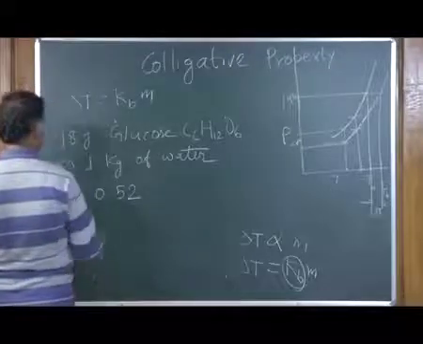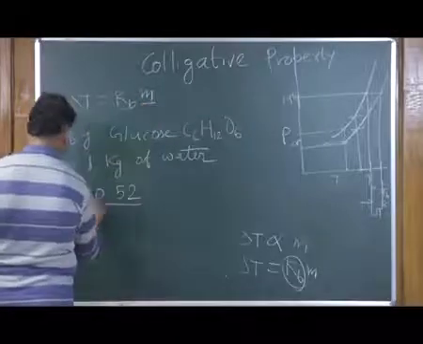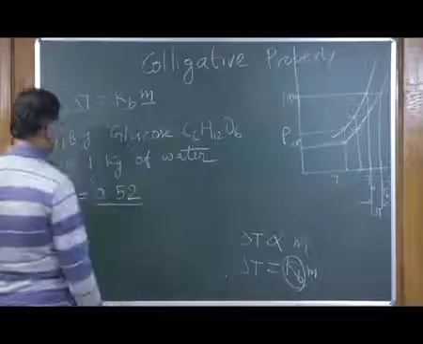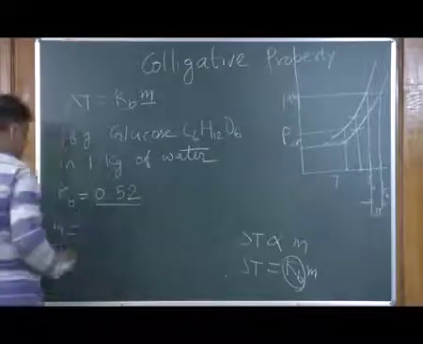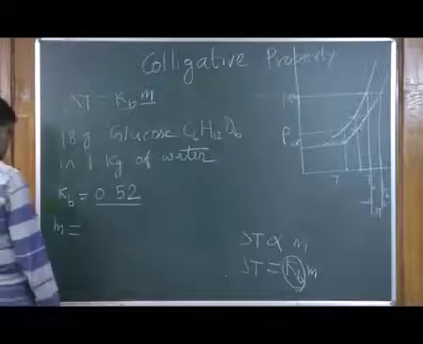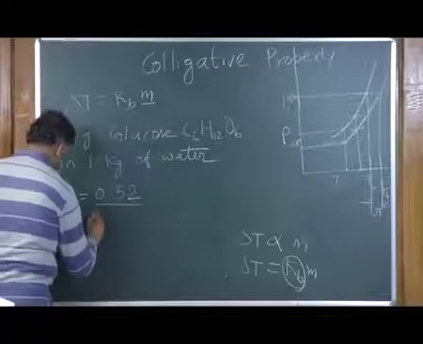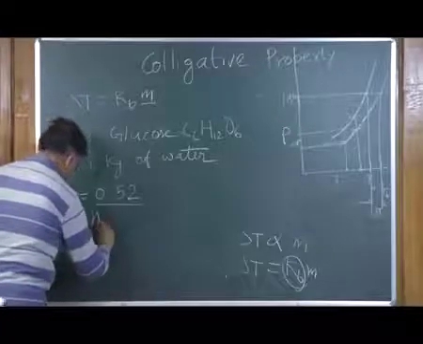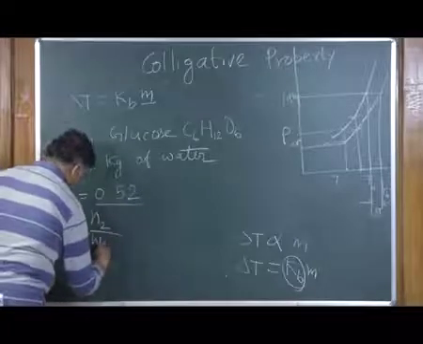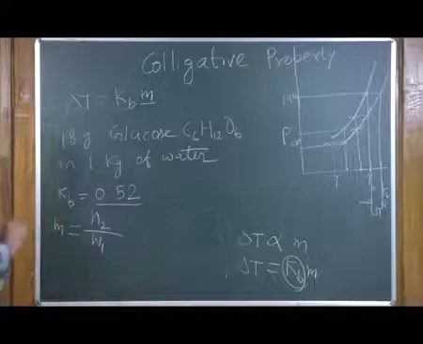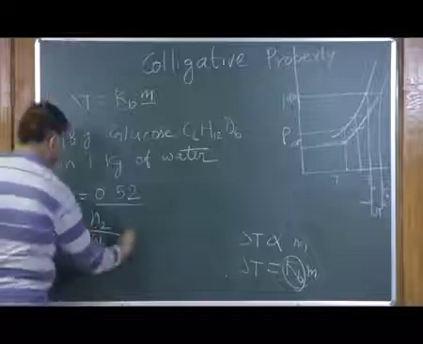To calculate delta T, I need Kb and molality. Kb is given right here, and I need to calculate molality. What is the definition of molality? Molality, which we have already discussed, is moles of solute, that is n2, divided by weight of solvent in kg. So, to calculate this, I need the moles of solute.